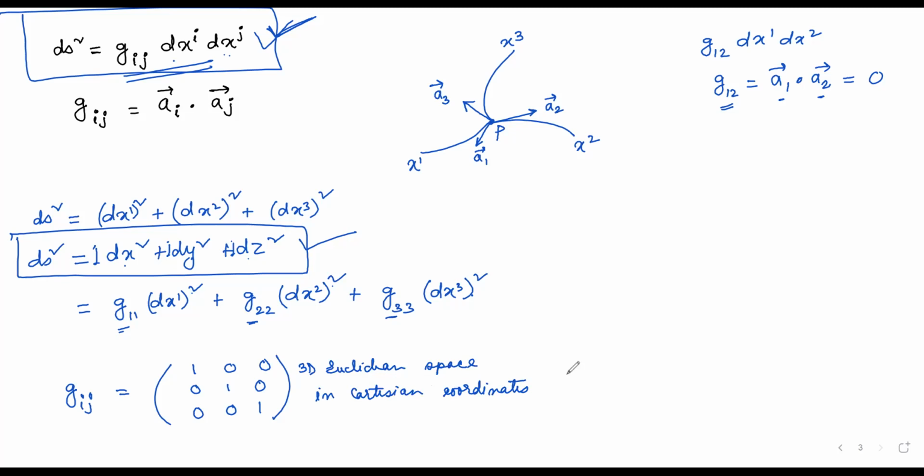So what I want to say is that if our coordinate system is orthogonal, that is, if the basis vectors are orthogonal, then the 9 terms reduce to only 3 diagonal terms. And one speciality of the Cartesian coordinate system is that the values of the diagonal elements Gii are actually 1, 1, 1. Because here we already saw it is 1, it is 1, it is 1.